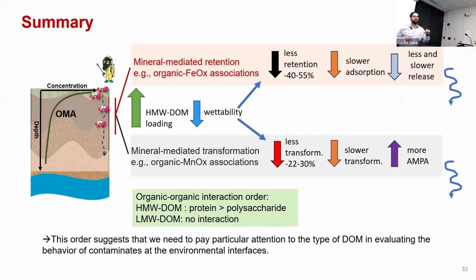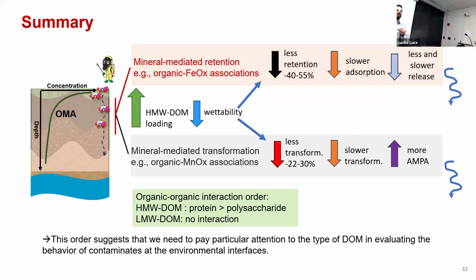For transformation, when you have higher loading at the surface, again, less transformation, because adsorption is the first step for transformation. So this is a crucial step. Less adsorption, less transformation. Also, we found the transformation became slower.